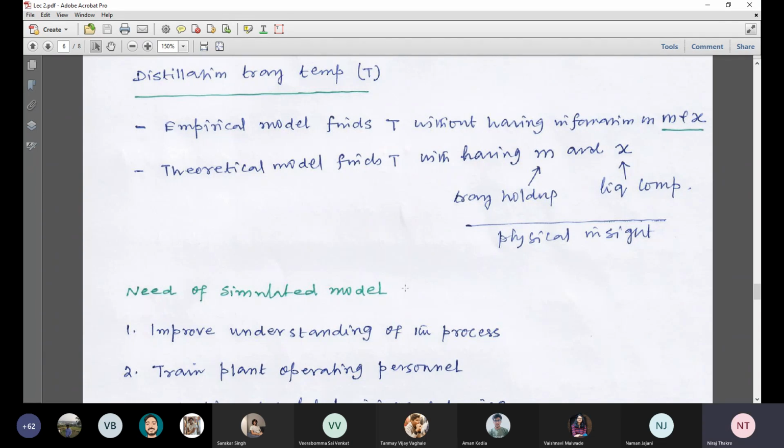In a distillation column, suppose one tray is disintegrated in the tower. What will happen? All these issues are properly addressed; we can have some experience of all these situations through the simulated model.